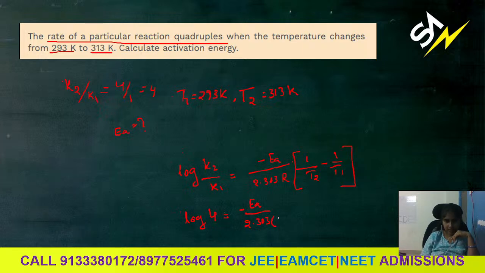Here R is written as 8.314, and for the temperatures, what is T2? 1 by 313 Kelvin minus 1 by T1, which is 293 Kelvin. If you solve this entire equation, you will get the value as 52.86 kilojoule.